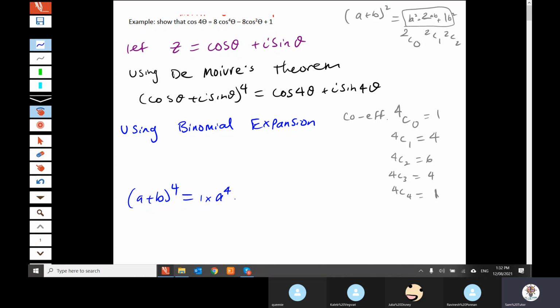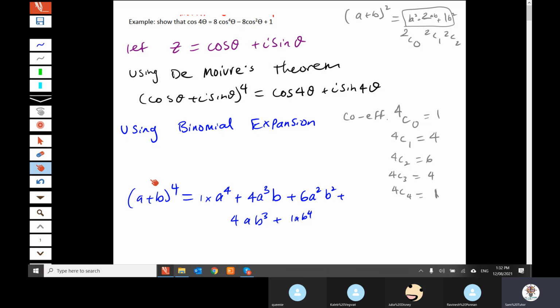A to the 4, plus 4, then decrease the a by 1, increase the other one, plus 6, decrease, increase, plus, decrease, increase, plus. And then if you've done it right, you should always end up with something like that.